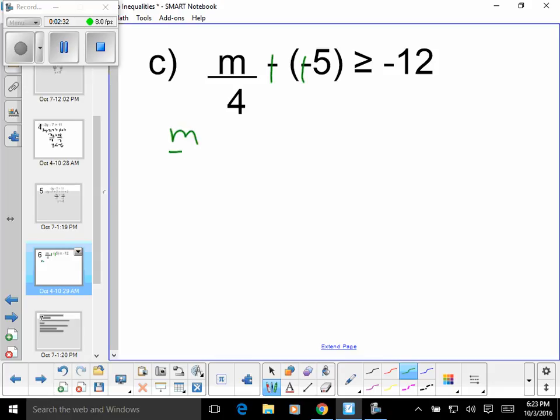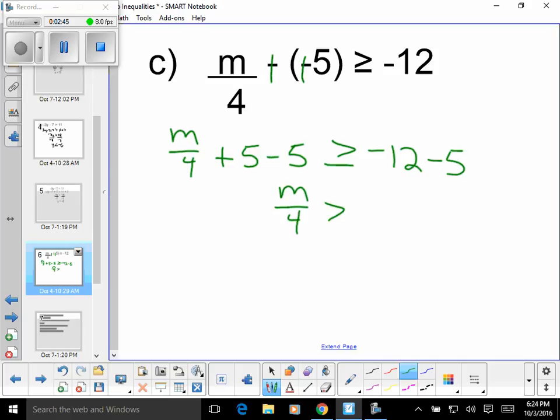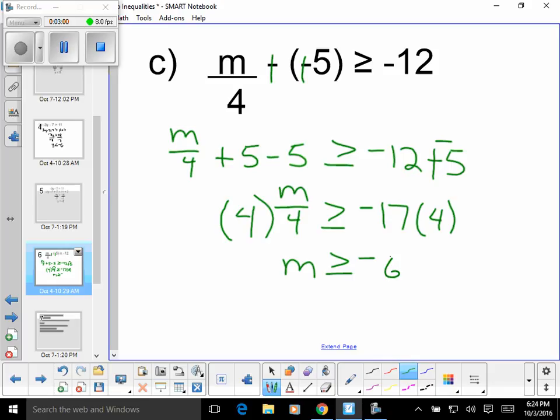So m over 4 plus 5 minus 5 is greater than or equal to -5 minus 5. M over 4 on the left side greater than. Adding the opposite, I will have -17. Now I'm going to multiply both sides by 4. M will be greater than or equal to -68. How did you do?